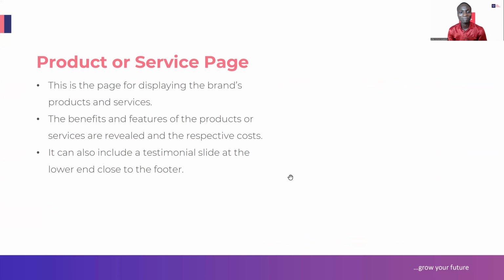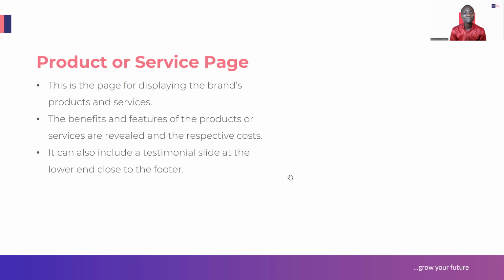This particular aspect of your website is where you display the brand's products and services. The benefits and features of the product or services are revealed, and the respective costs are revealed in this aspect. It can also include a testimonial slide at the lower end, closer to the footer.